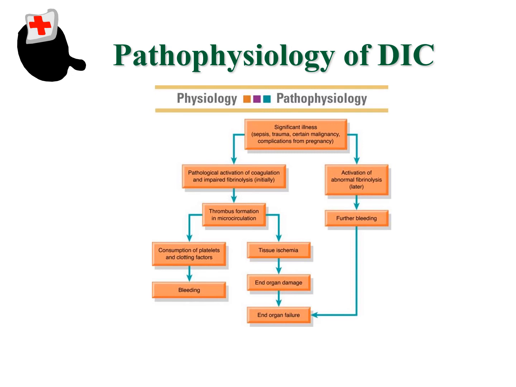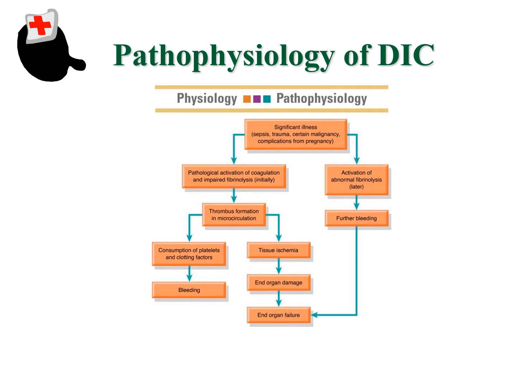On the left side, you have the initial phase of impaired fibrinolysis and thrombus formation in the microcirculation, which then leads to the consumption of platelets and clotting factors, which then creates bleeding, because there are no platelets to essentially stop any trauma that might have occurred, any cuts or abrasions, or prevent the blood from leaking out of the system.